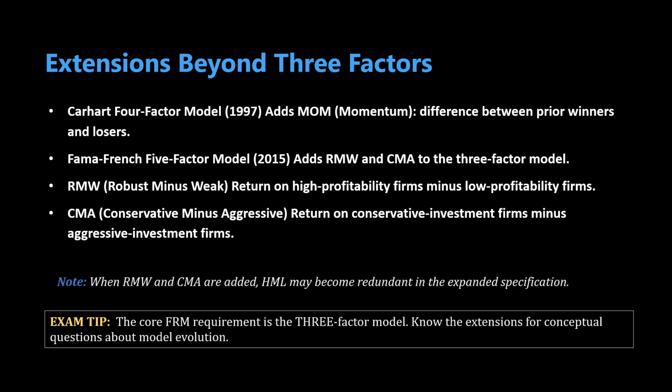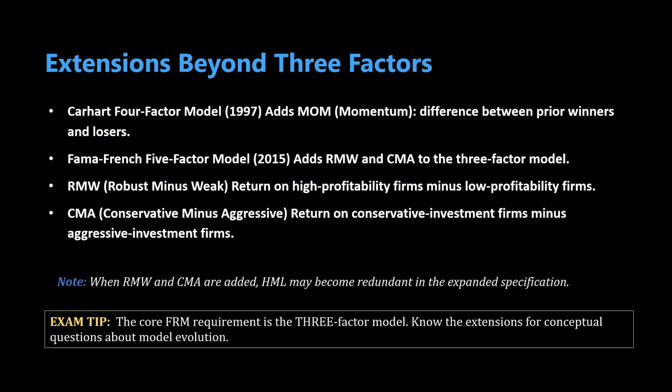The Fama-French model did not stop at 3 factors. Later research extended the framework. The Carhart 4-factor model adds a momentum factor, often called MOM, which captures the return differences between past winners and past losers.